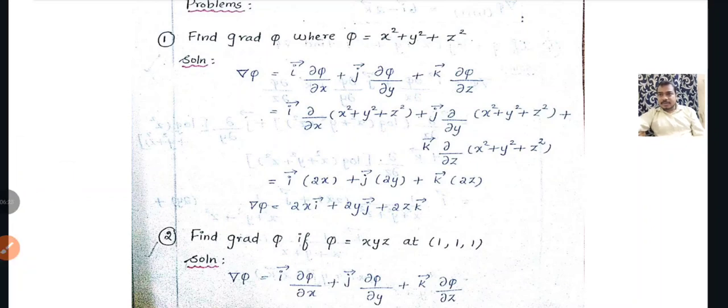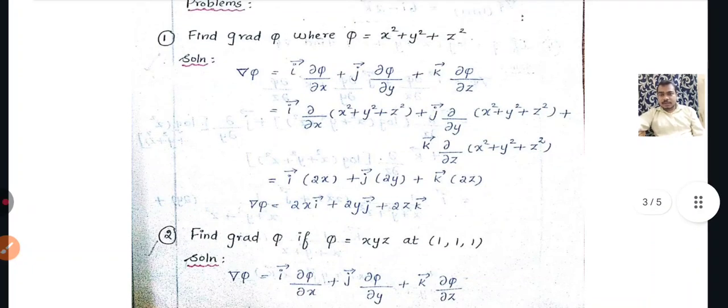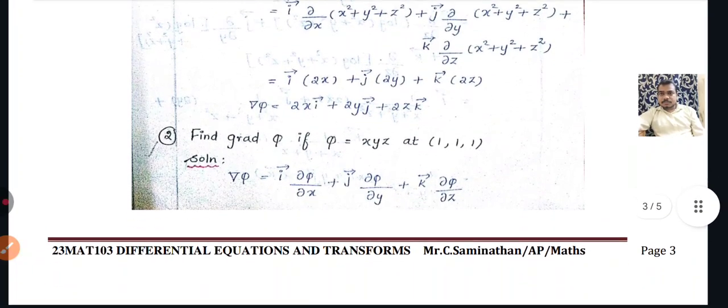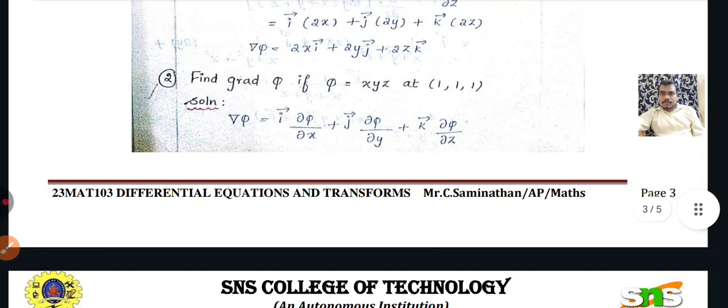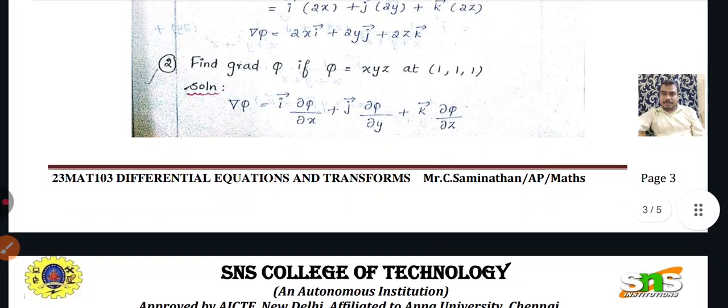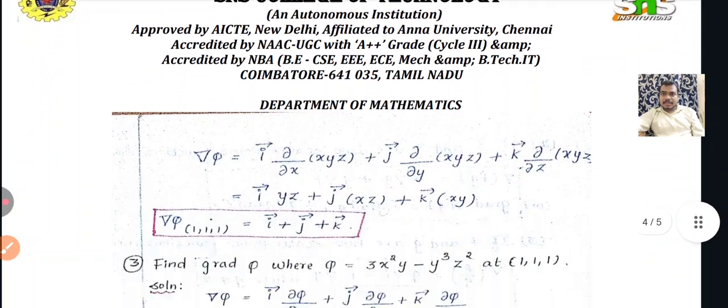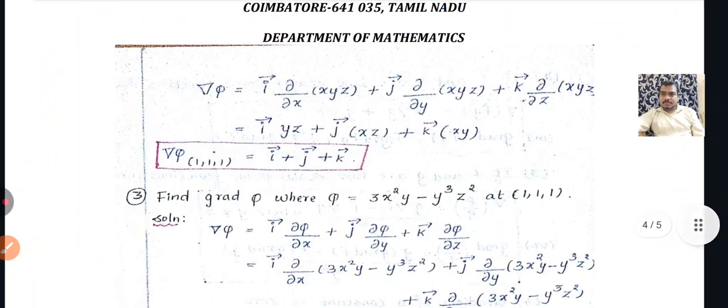Next example: find grad pi if pi equals xyz at 1 comma 1 comma 1. The solution is: we have to find del pi, then apply the point 1 comma 1 comma 1 in place of x comma y comma z.